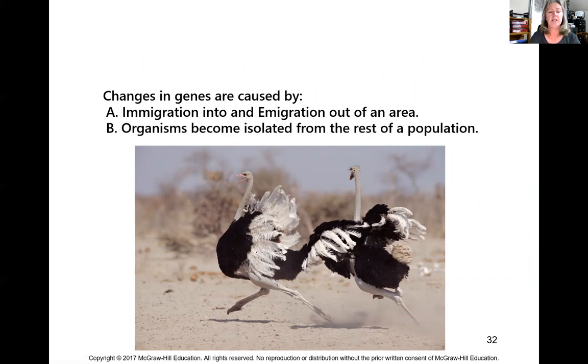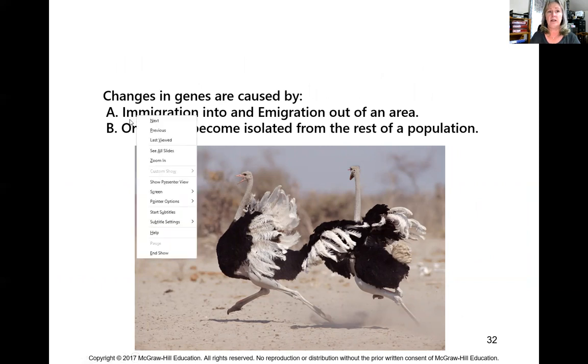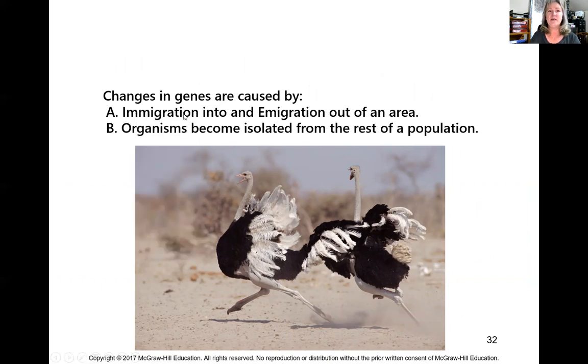So changes in genes or alleles can be caused by a couple of factors, either immigration, organisms moving into a population, or emigration, which is organisms moving out of a population or out of an area. And then the next thing I want to talk to you about is when organisms become isolated from the rest of the population.